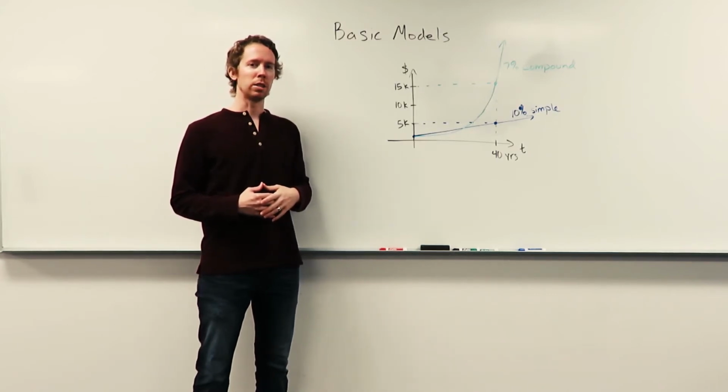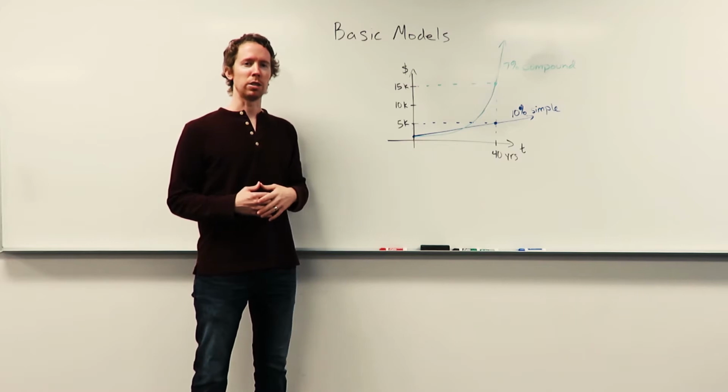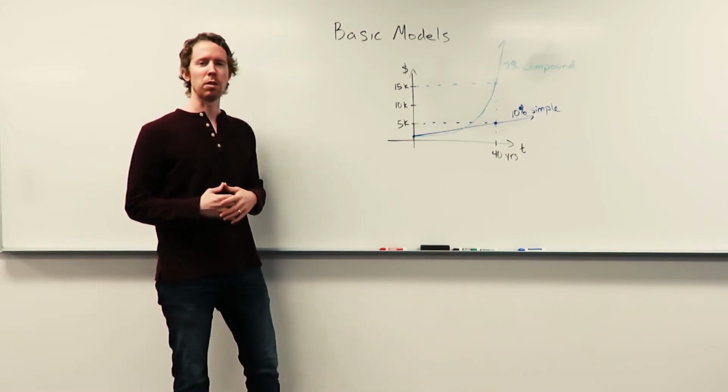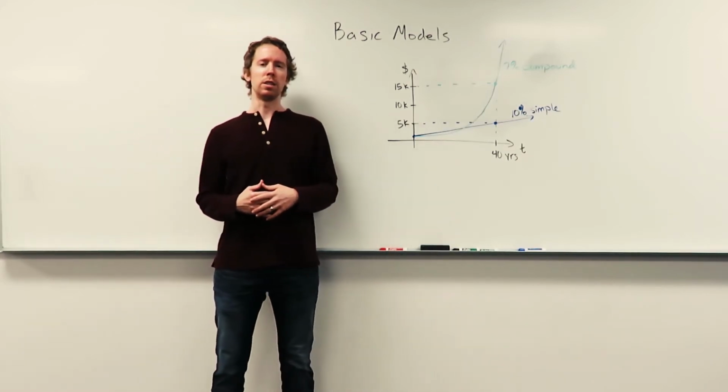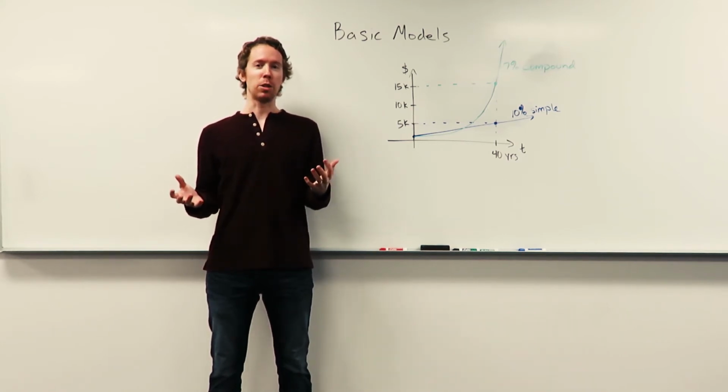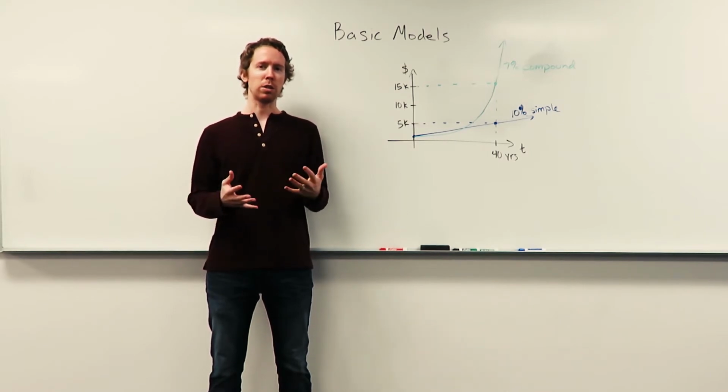A model is an equation or a set of equations that's used to predict the future in some area of interest. A good example of a complex model is the standard model of the universe. It's basically a big, complicated set of equations that governs how subatomic particles interact with each other.